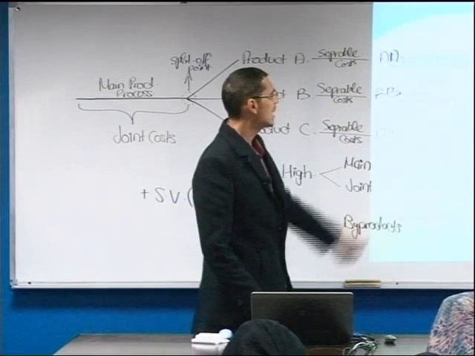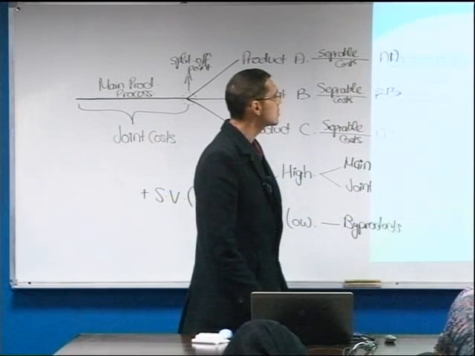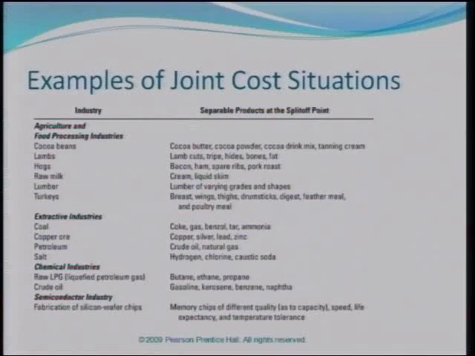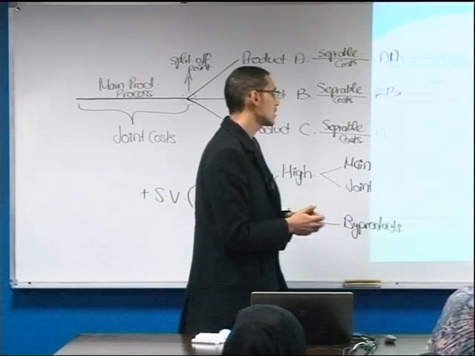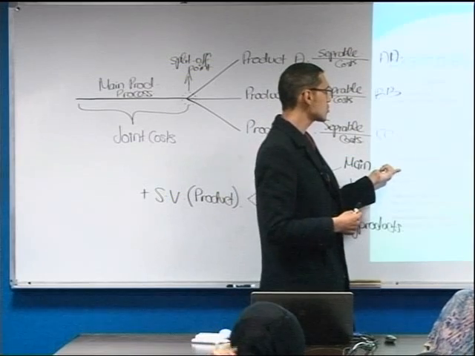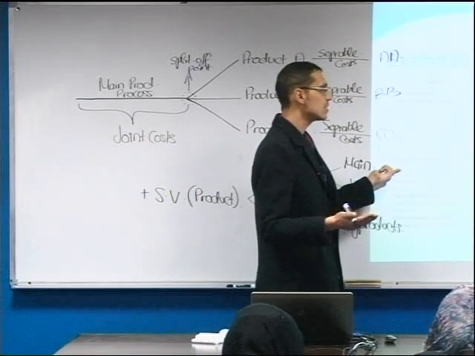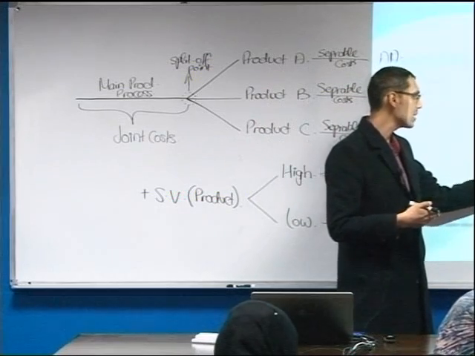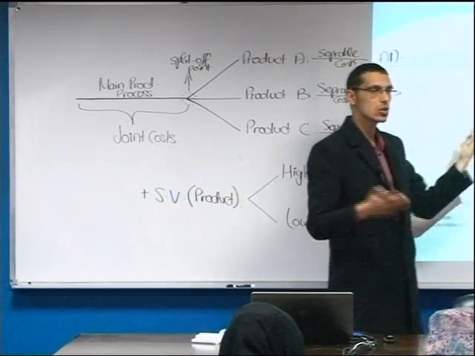Of course, they gave us some examples of some of the industries that have this dilemma of joint costs or the allocation of joint costs, or they have joint processes that yield more than one product. As we can see here, for instance, the extractive industries, for instance, coal, we have coke, gas, benzol, tar, ammonia, and so on.